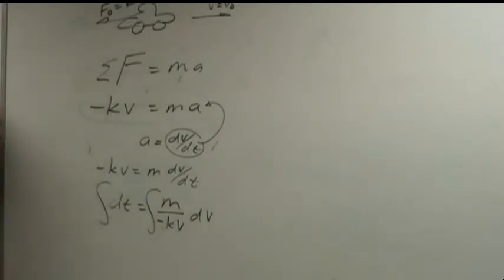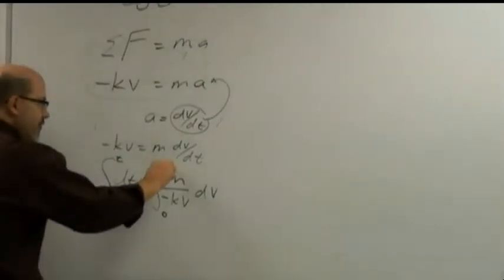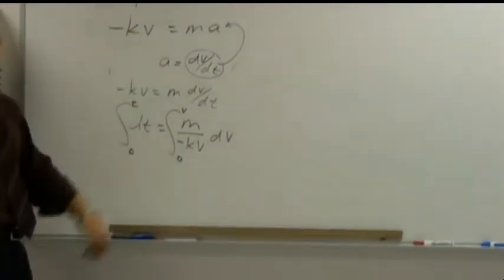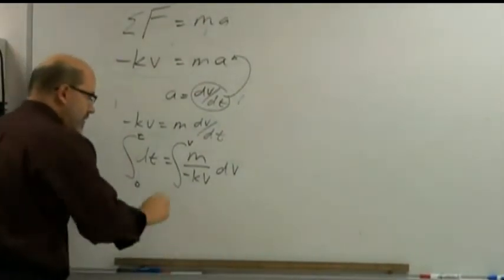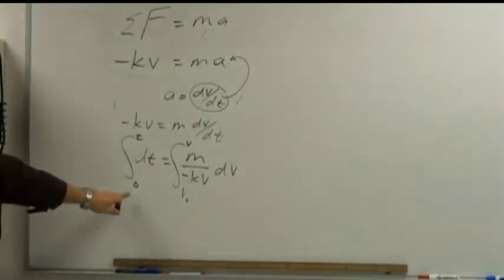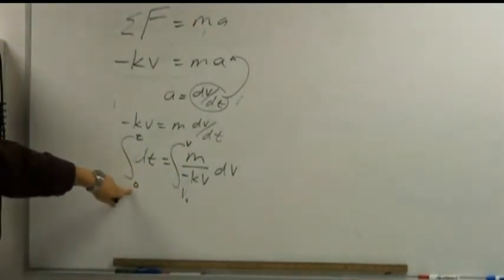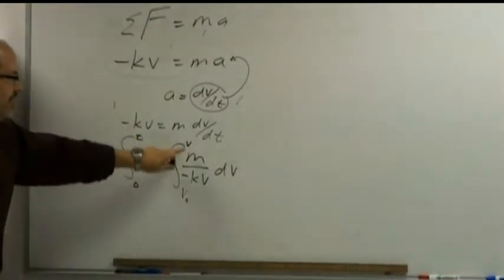That becomes time. Integrate from 0 to t and from 0 to v. What's my initial velocity? V naught to v. And what's my initial time? So my initial time to any random time later, my initial velocity to any random velocity later.